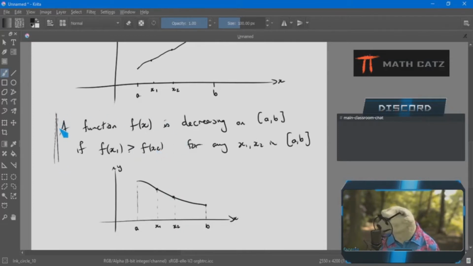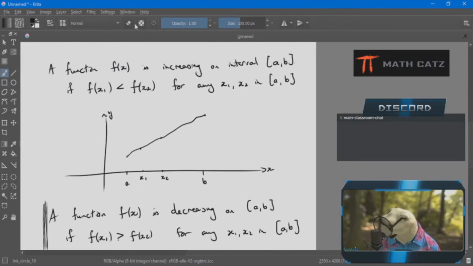Now again, don't just look at the picture, just understand what we mean by increasing and decreasing, downhill, uphill. There could be many different versions of going uphill, right? Of having a function be increasing. For example, I could go really slowly and then increase and get steeper, and then maybe slow down again.